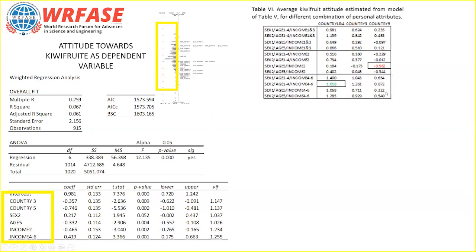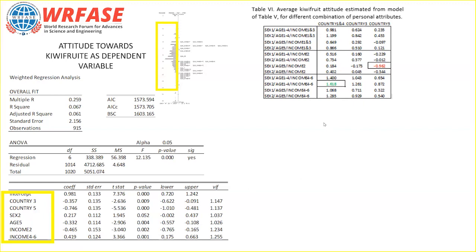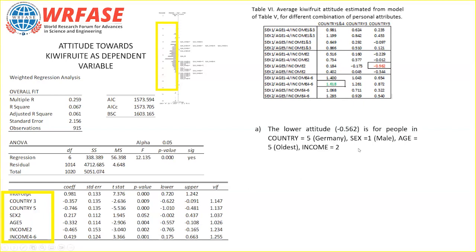So we estimate from this model the average attitude toward kiwi of people for different combinations of the independent variables, and we end up with these results.